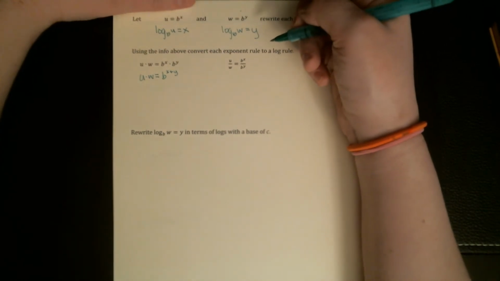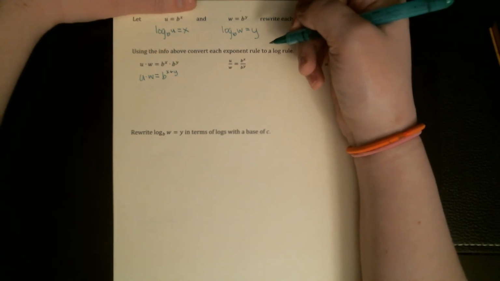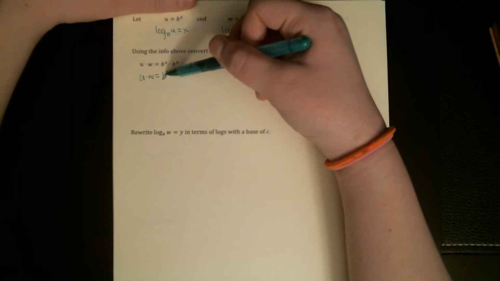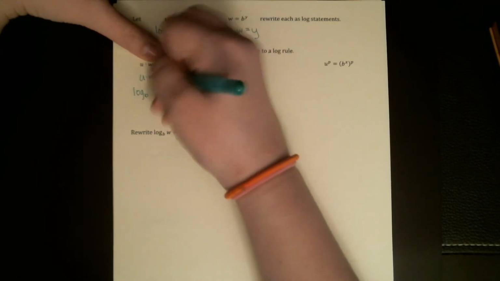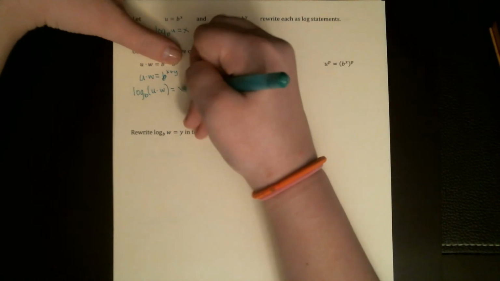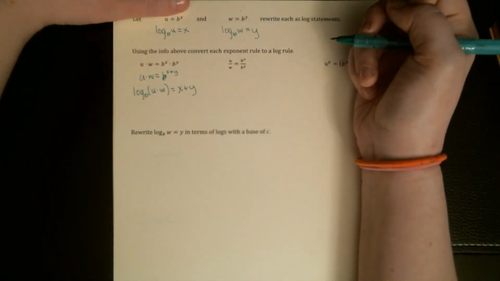I now want to rewrite this thing in log form, so get as much log information as I can. So let's go ahead and just rewrite in log form. This is an exponential statement with a base of b, so we should be able to write this as a log base b of the result u times w is equal to the power x plus y. And then I actually just have one more step.